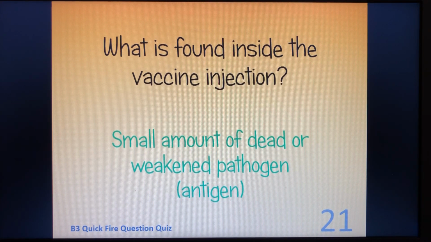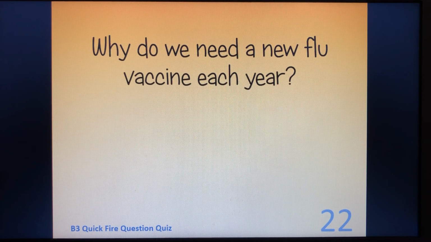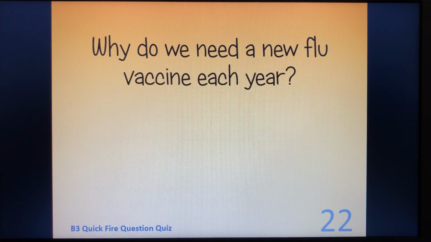Okay. Question 22. Why do we need a new flu vaccine each year? So it kind of links to one of the previous questions. Okay, we get the weak, the vulnerable, the people who work in maybe healthcare, that kind of thing. They can access the flu vaccine each year.